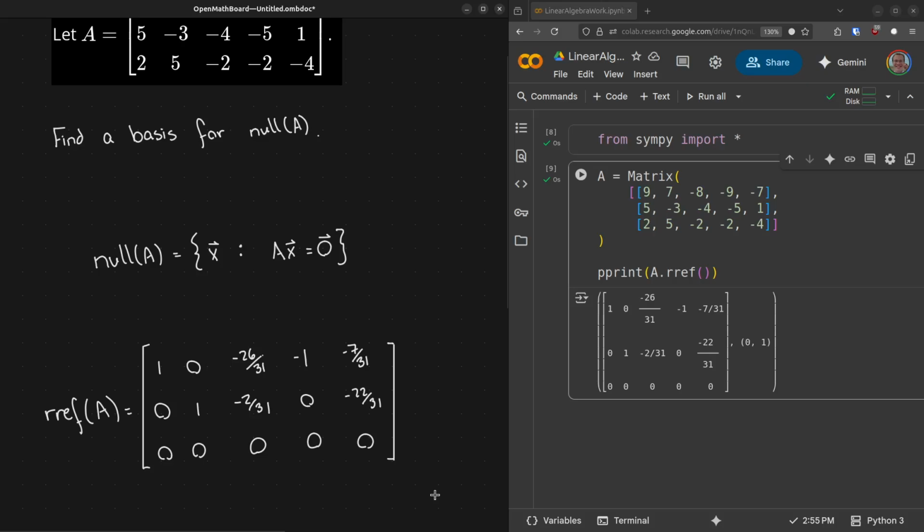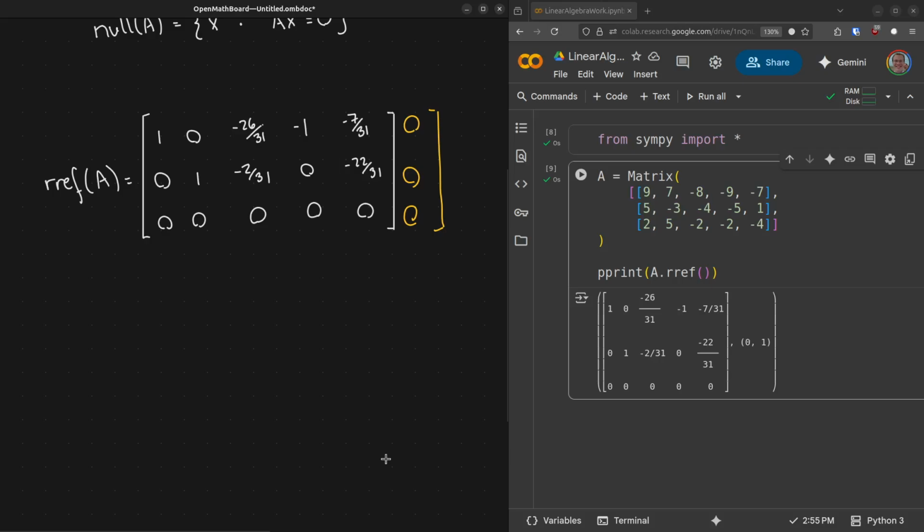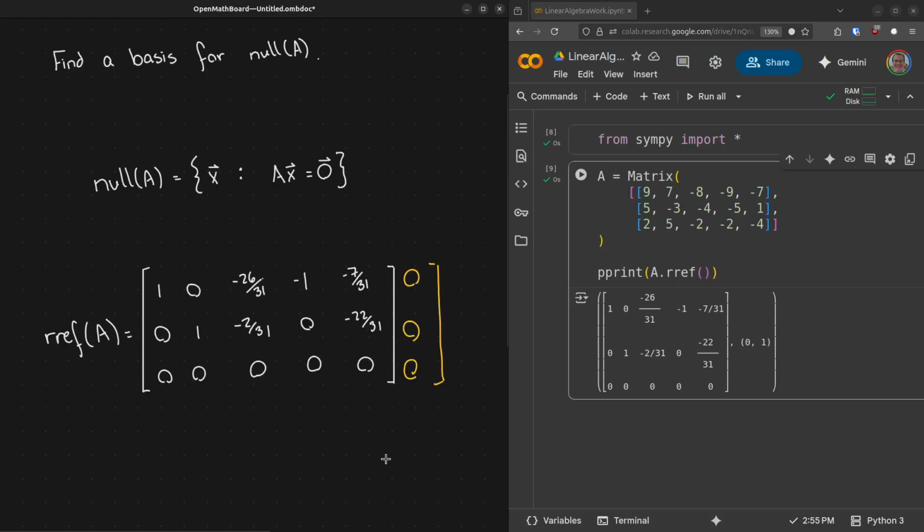So let's first characterize the general solution to the homogeneous system of equations. So again, imagine that augmented part is all zeros. Okay? We need to solve the system. And now that it's in reduced row echelon form, we can. Remember, each column corresponds to a variable.